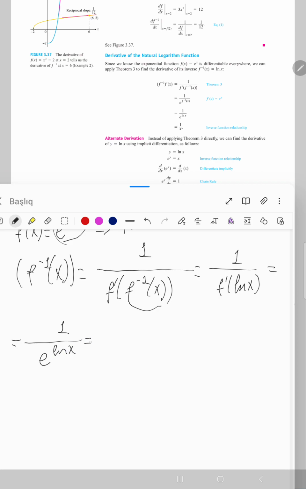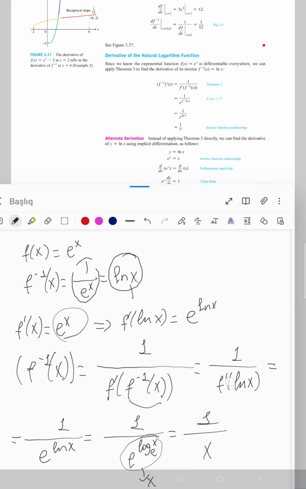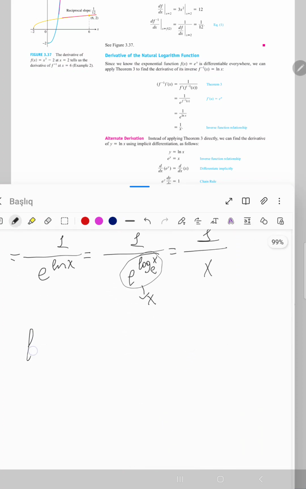And ln x is the logarithm base e, so this part will give you x, 1 over x. Voila. So the derivative of ln x is 1 over x. Easy.